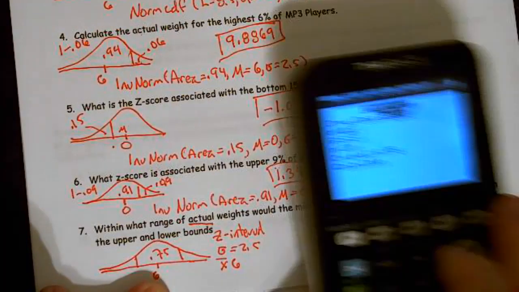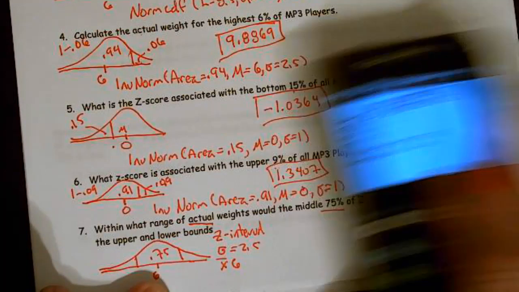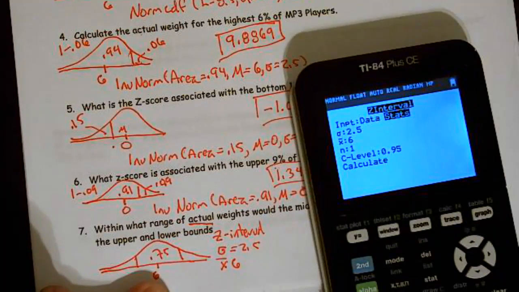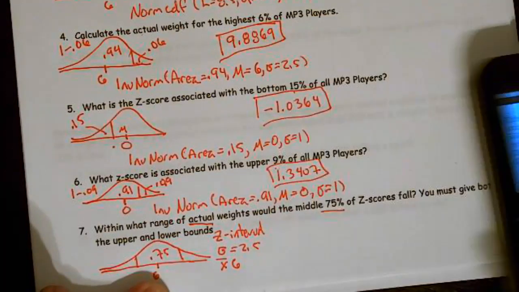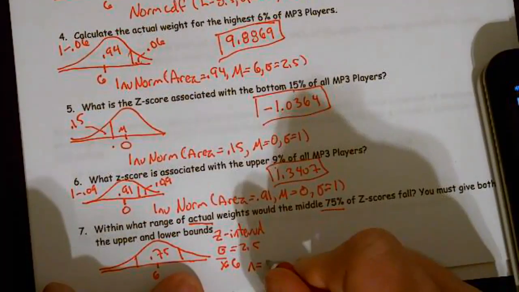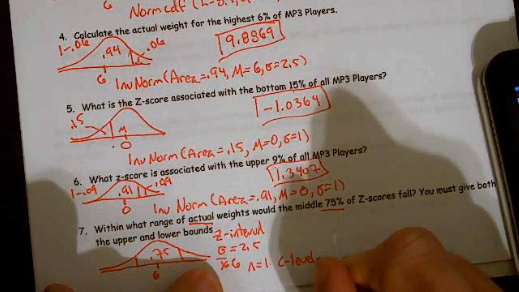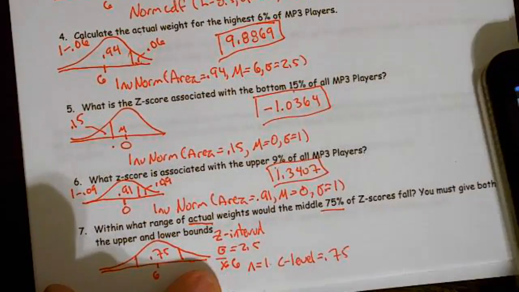And we don't have a sample size, so we're going to have to use a sample size of 1. And they said do it at 75%. So my C level is 0.75. N is 1, C level equals 0.75.